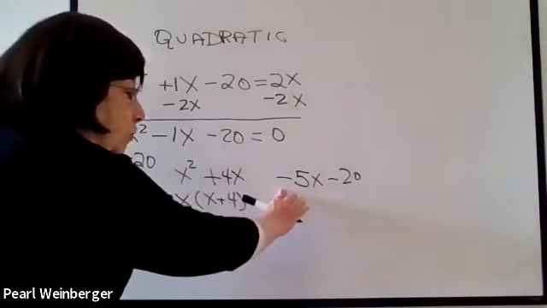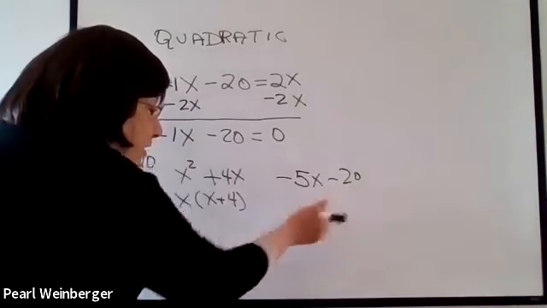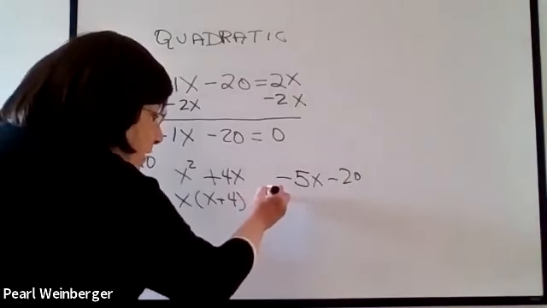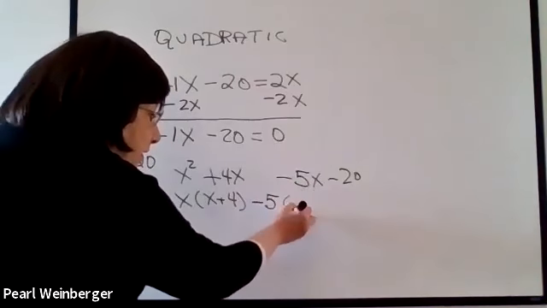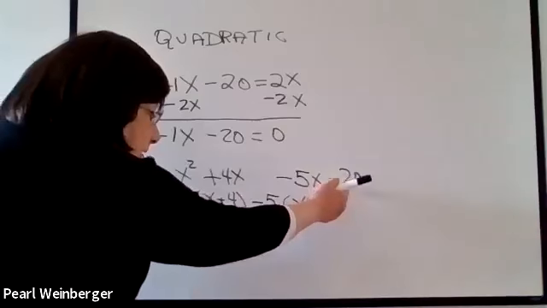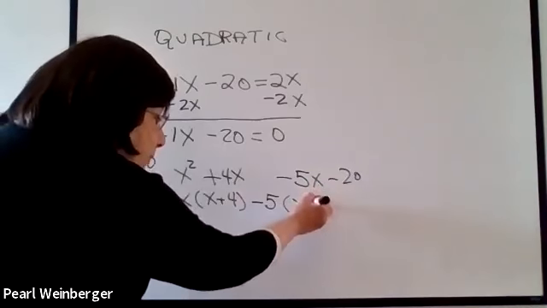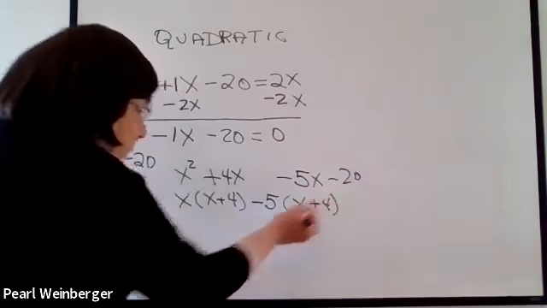In my second group, I have a negative 5x and a negative 20. I have a common factor of negative 5. So negative 5 into negative 5x gives me x, and negative 5 into negative 20 gives me plus 4.